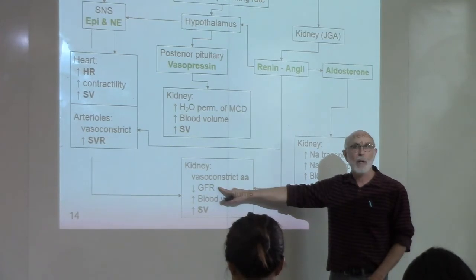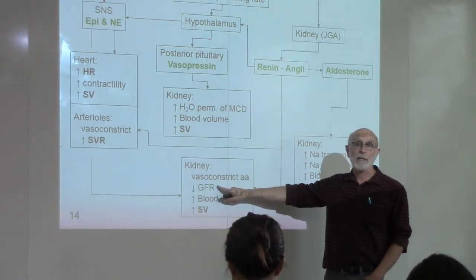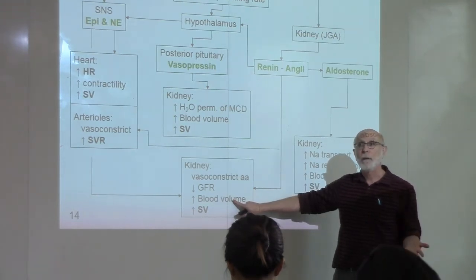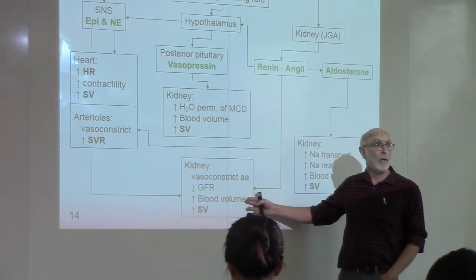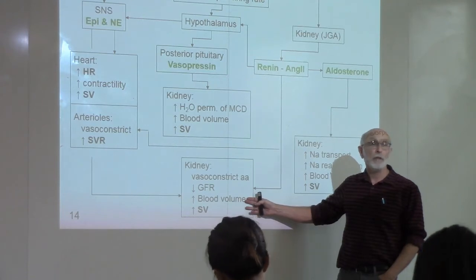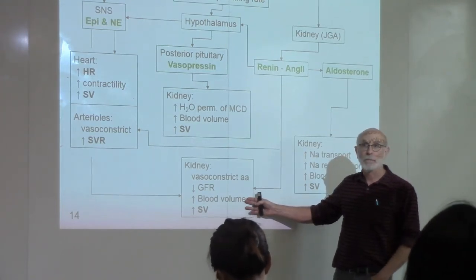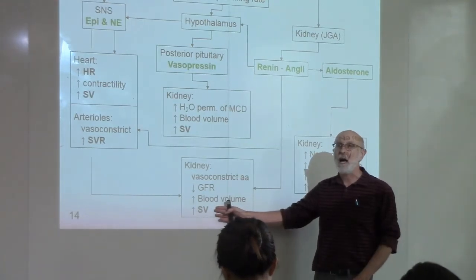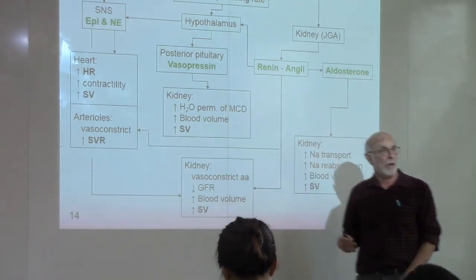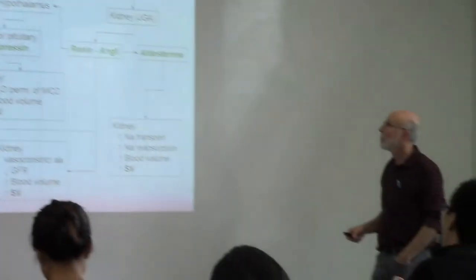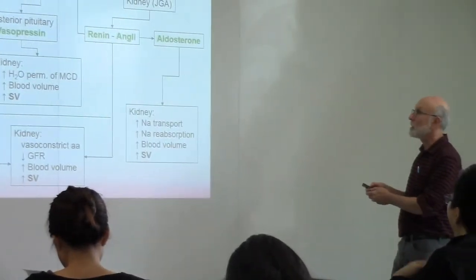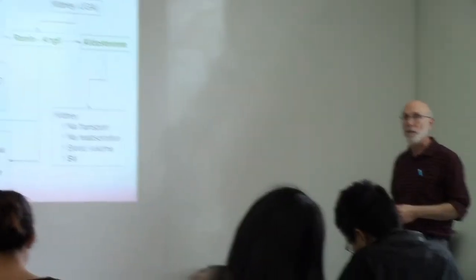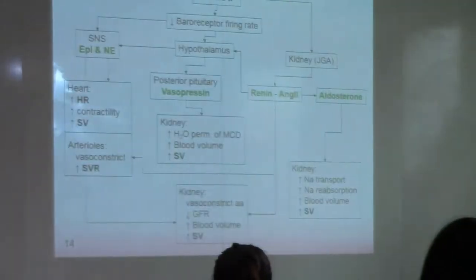Constriction of the afferent arteriole is going to reduce blood flow into the glomerulus and decrease glomerular filtration. Less filtration is going to help the body retain volume. Right? If we don't filter it, the volume is going to be higher. And that's going to help maintain stroke volume, and it's going to actually help maintain end diastolic volume that Kyril put up on the board earlier. So the sympathetic nervous system has multiple effects in the homeostasis of blood pressure. Okay, any questions about that?